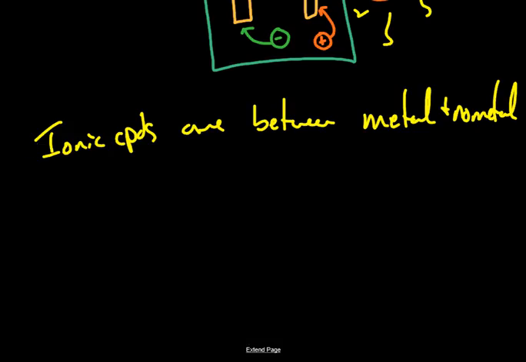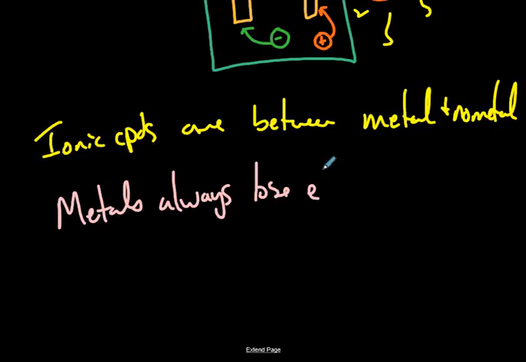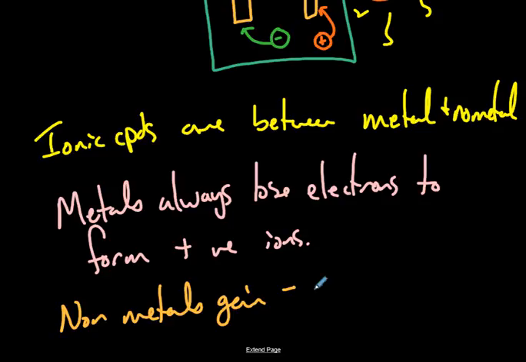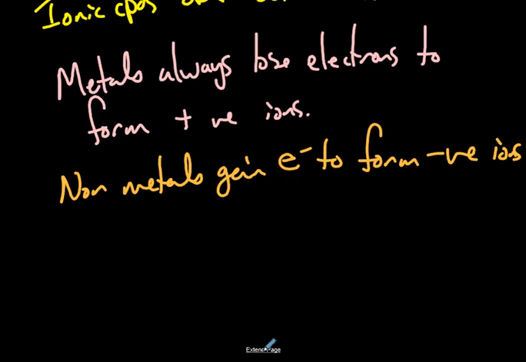Metals always lose electrons to form positive ions, and non-metals gain electrons to form negative ions.